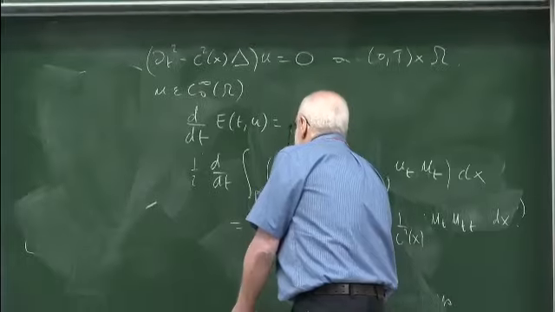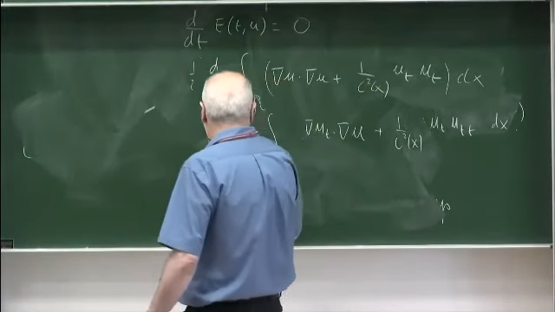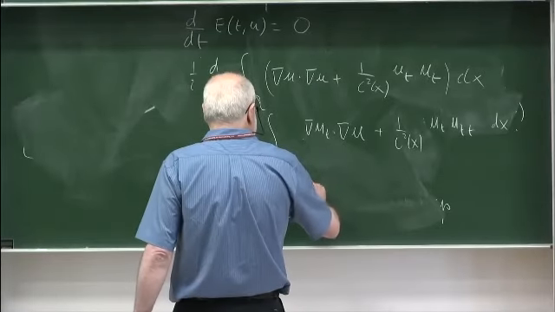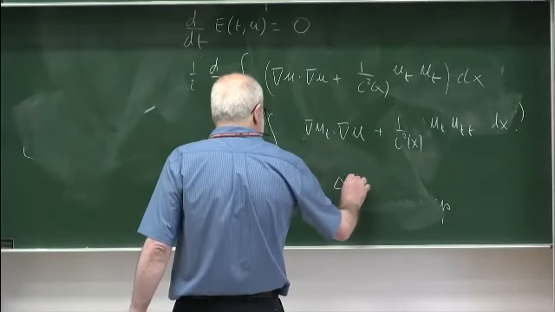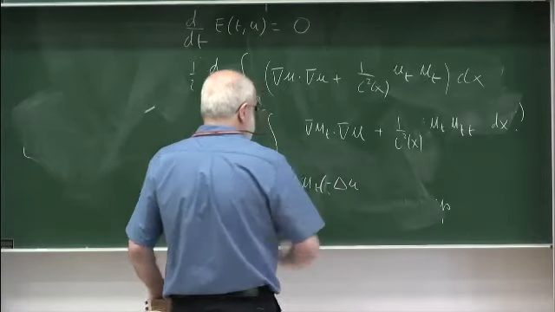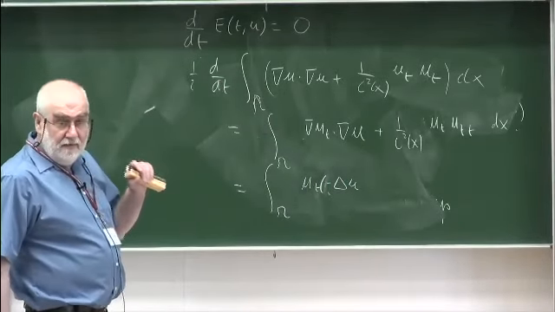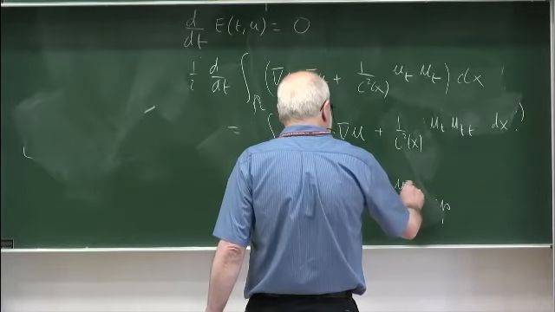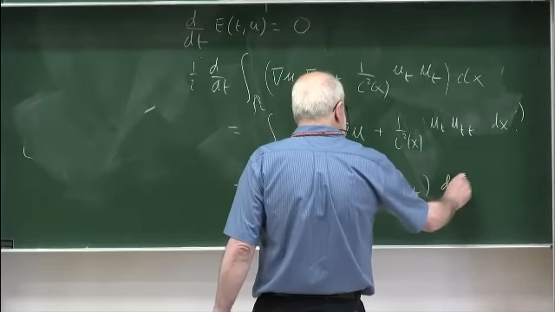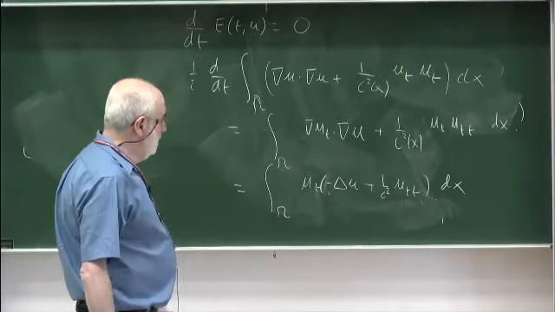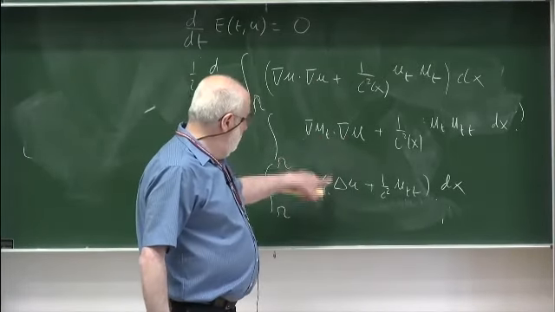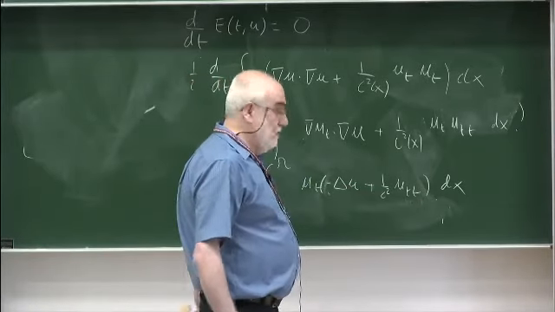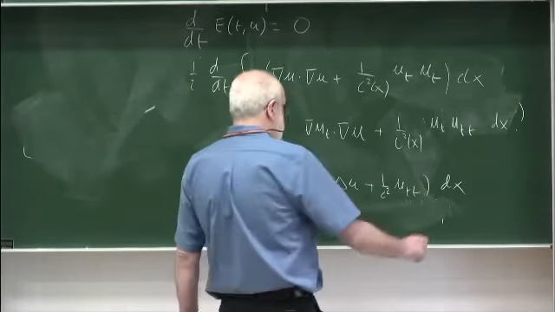So I get, can you read in the back here? Ut times Laplacian of u with a minus sign, right? Because you're integrating by parts, plus 1 over c squared utt dx. So ut is a common factor here when I do this, but this is equal to 0 because it's a solution of the wave equation, right? So this is equal to 0.